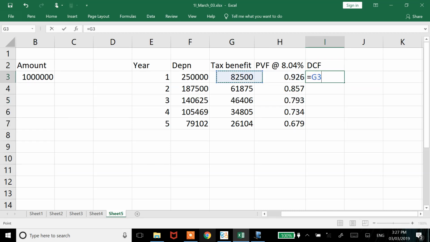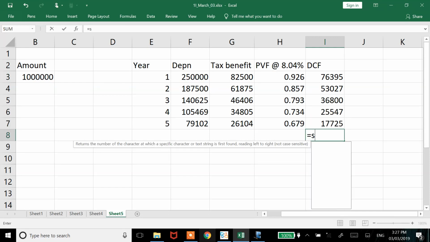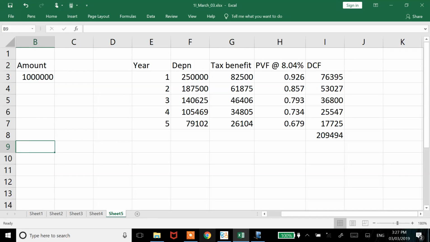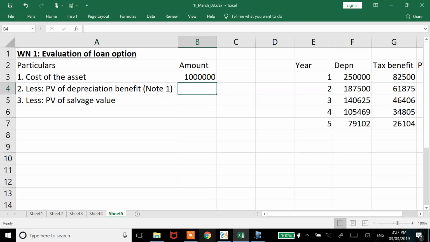And the DCF is... it used to be a very simple statement. In this problem it's a little complicated because we have to follow the WDV method. So the WDV method will give you 209494.